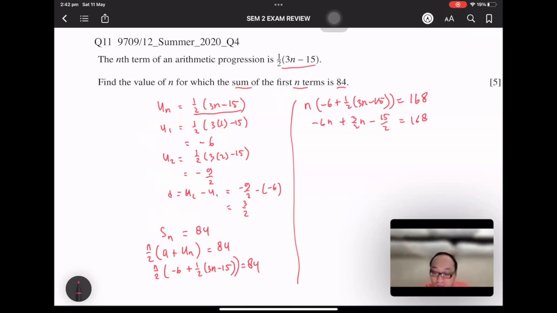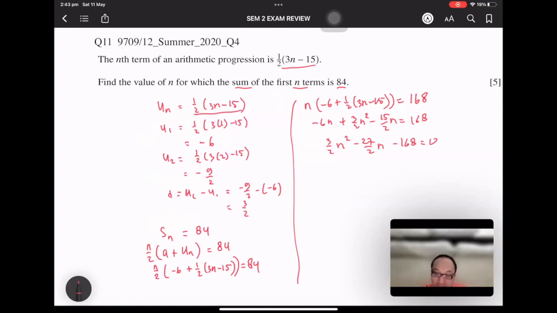We have n squared here and n here. Then I will simplify again: 3/2 n squared minus 6 minus 15/2, so it's -27/2 n, minus 168 equals 0.